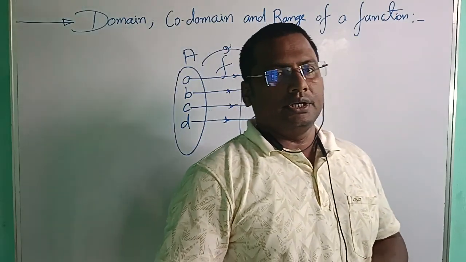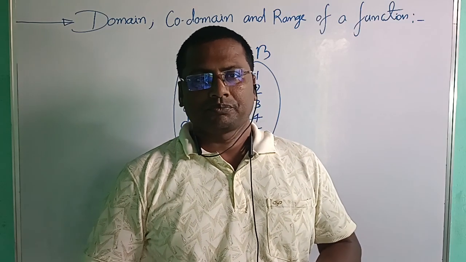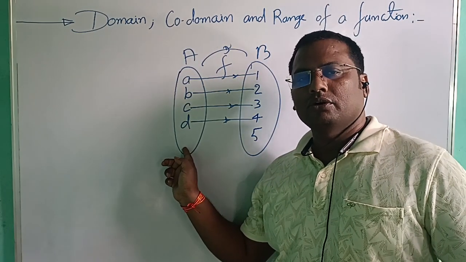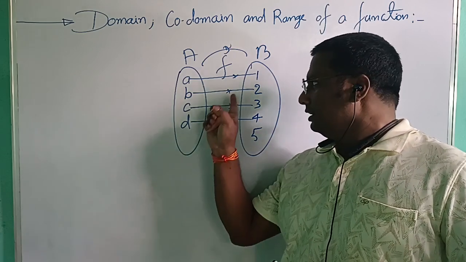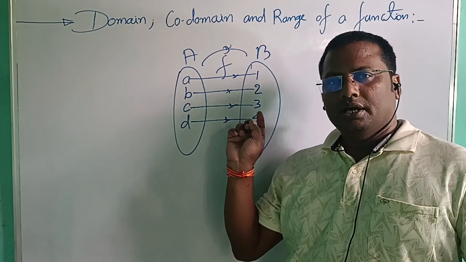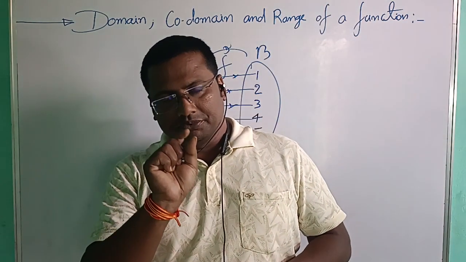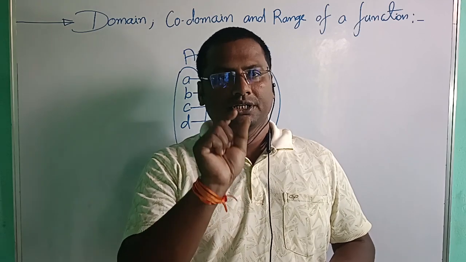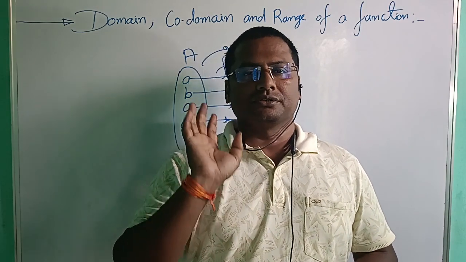So, the elements of set A are called domain. The elements of set B are called codomain, and the elements of set B which are the images of the elements of set A are called range.